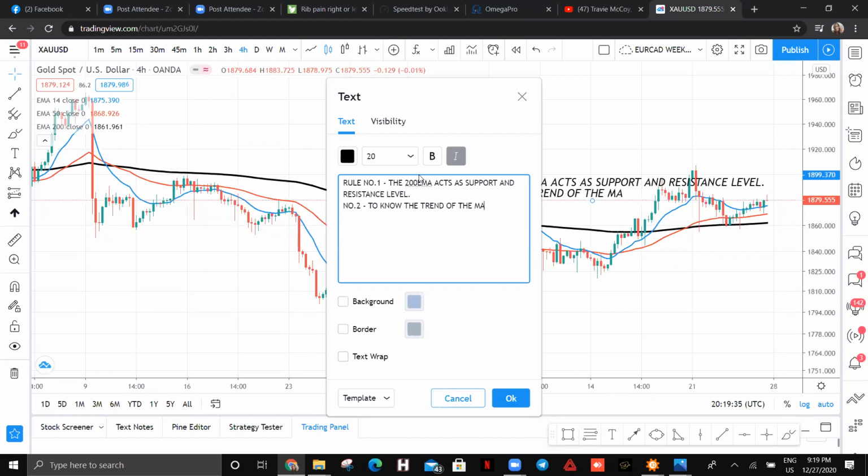To know the trend of the market, the 200 moving average is the benchmark.